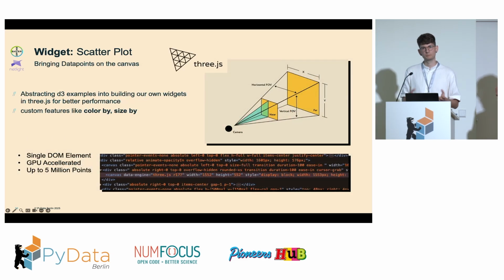The buzzword here is basically using a game engine or a 3D engine that has a frame rate, that has GPU acceleration, and therefore we use Three.js. It's made for all things 3D in the browser, and what we did is basically render all the points on a flat 2D space, fix the camera angle so that we just move the camera on one horizontal line, so that allows to zoom and pan, but uses the graphic card.